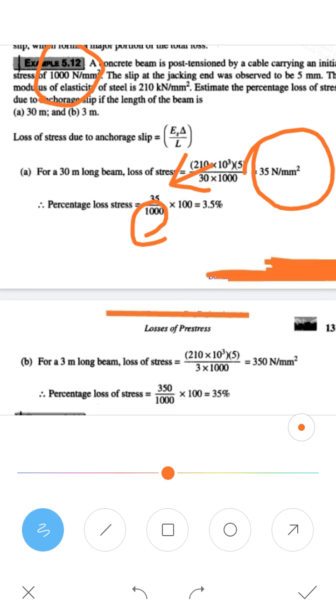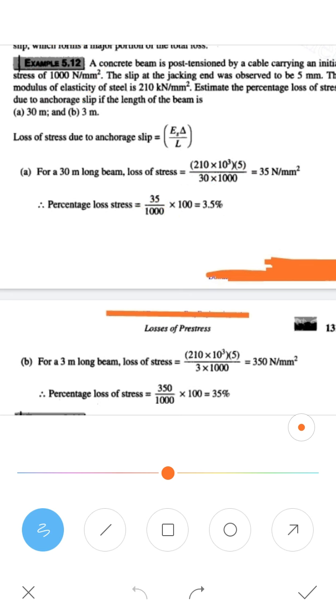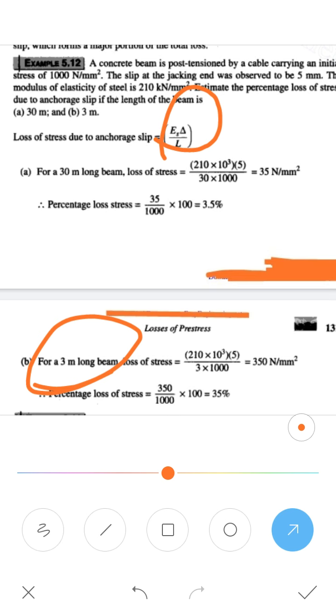Okay, next you take the 3-meter length. For the 3-meter length, you take the same formula, Es into delta divided by L, as the loss due to the anchorage slip. The E value, the same value you put, that is 210 into 10 to power of 3, don't forget.